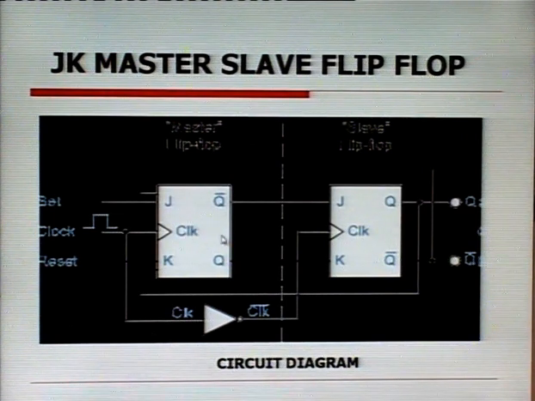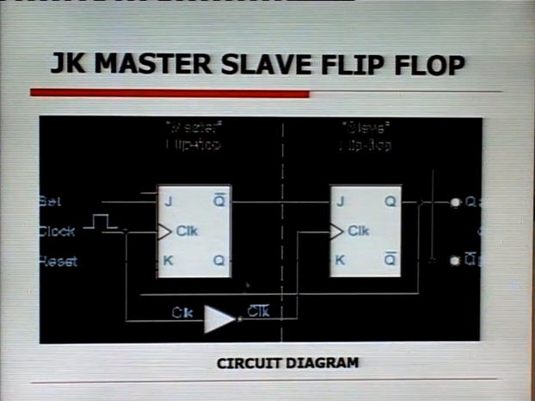Whatever the master JK flip flop does on the positive edge of the clock cycle is copied by the slave flip flop on the negative edge of the clock cycle.